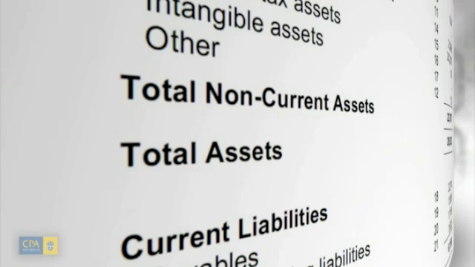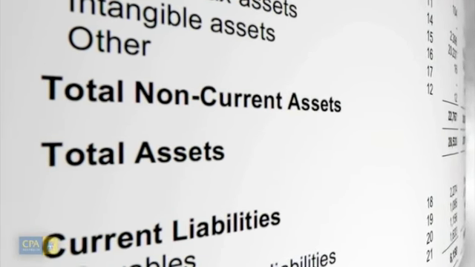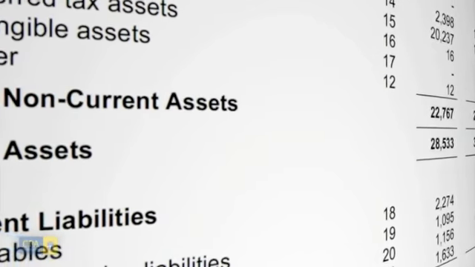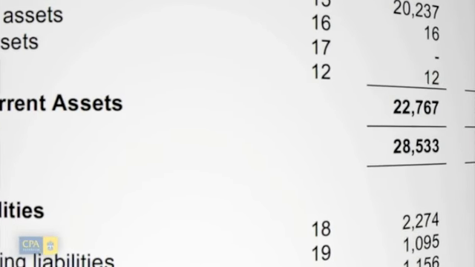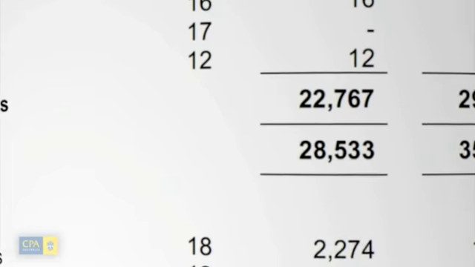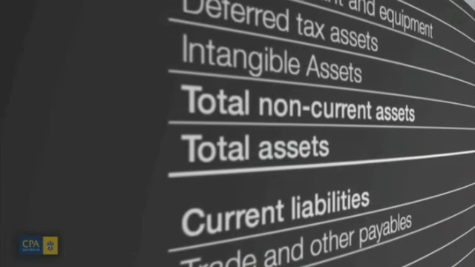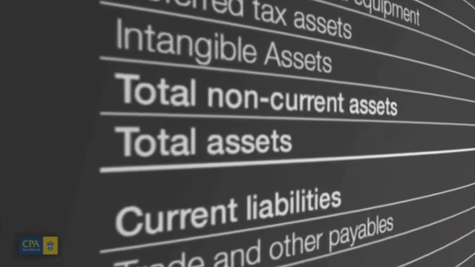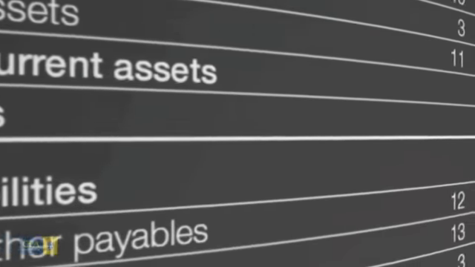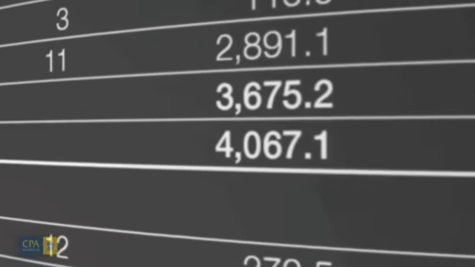When ABC Learning listed on the stock exchange in 2001, the value of its assets were a little over $28.5 million. But by 2007, ABC Learning's asset values had increased more than 1,000% to more than $4 billion.